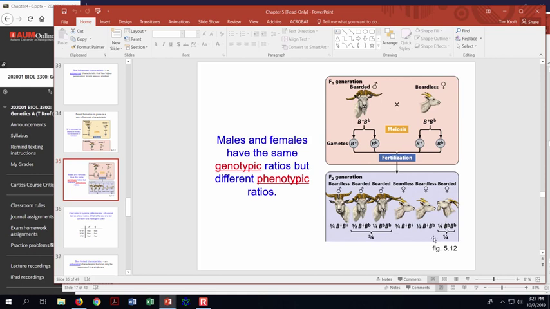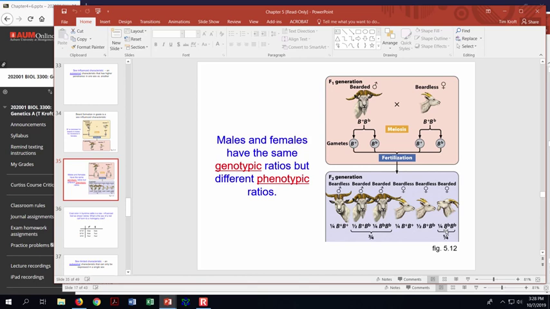So, if you look at this right here, see that? It's a 1 to 2 to 1 genotype ratio. Here is a 1 to 2 to 1 genotype ratio. You don't need to make two different Punnett squares. It's the same Punnett square with the same 1 to 2 to 1. Just explain what would happen, right? I mean, if you want to make two Punnett squares, both of them would have the exact same genotypes in every square.